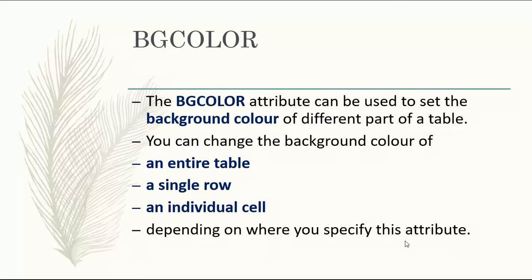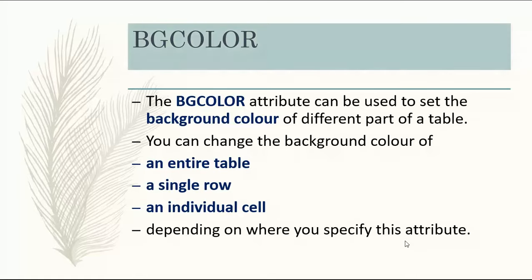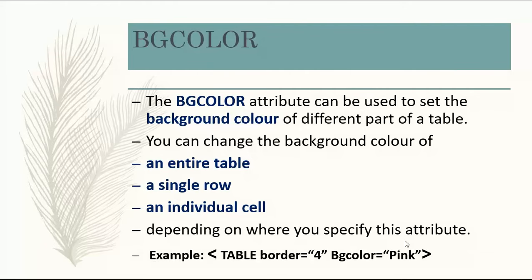BG color. The BG color attribute can be used to set the background color of different parts of a table. You can change the background color of an entire table, a single row, or an individual cell, depending on where you specify this attribute.